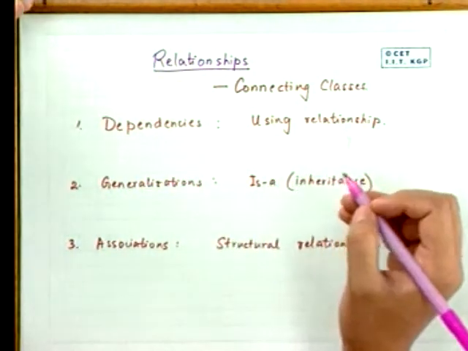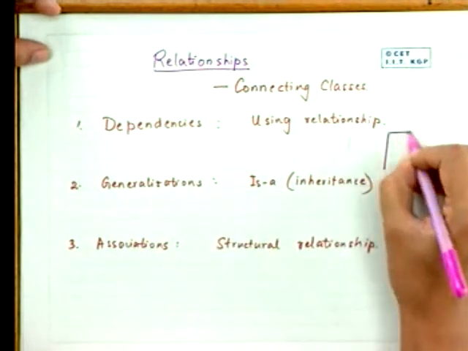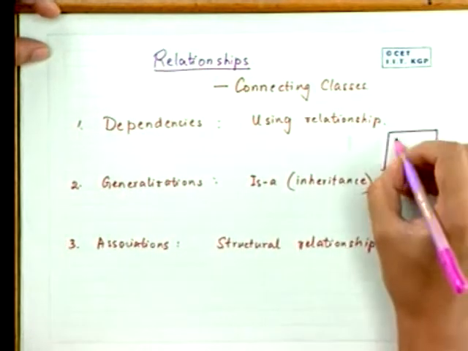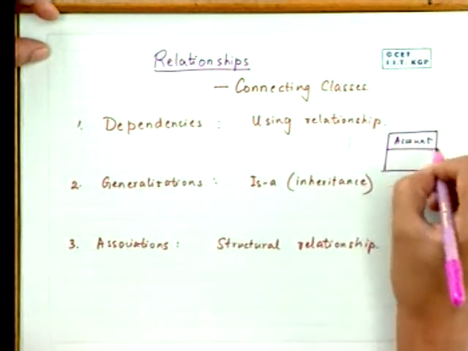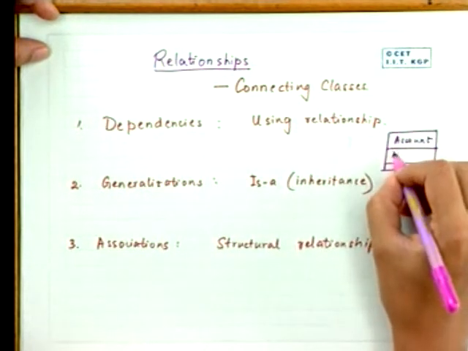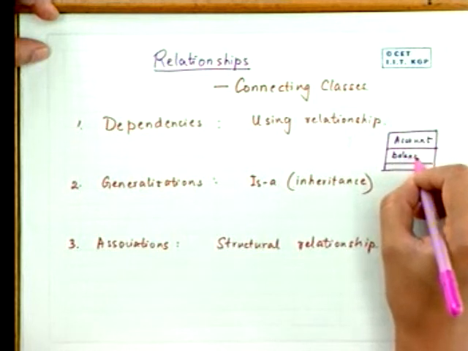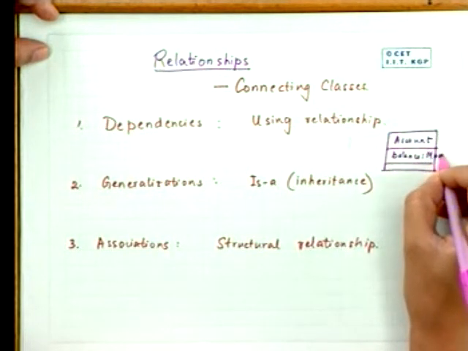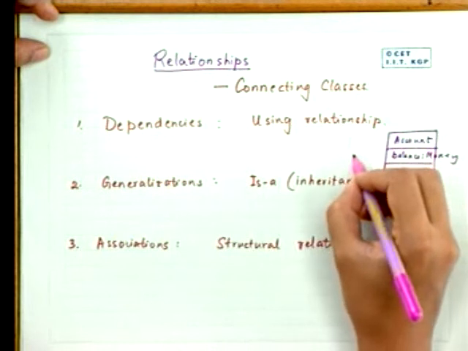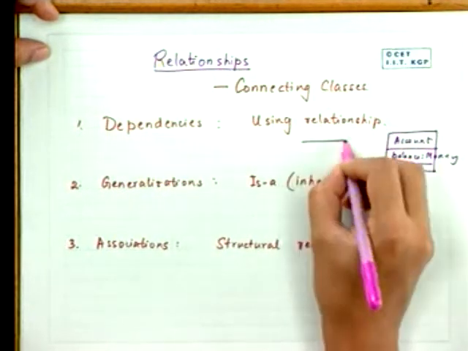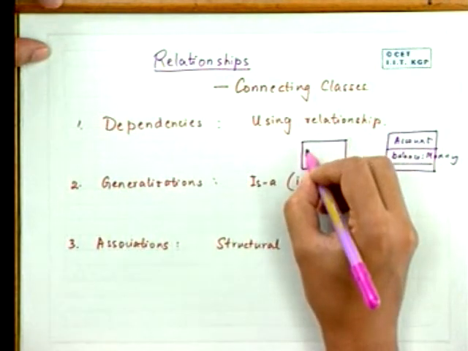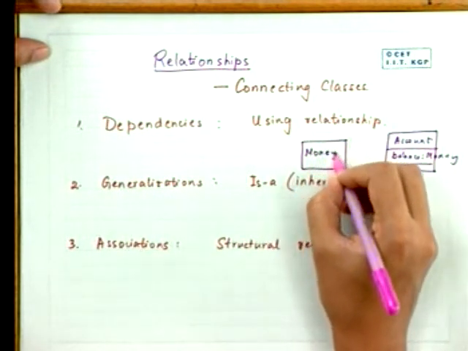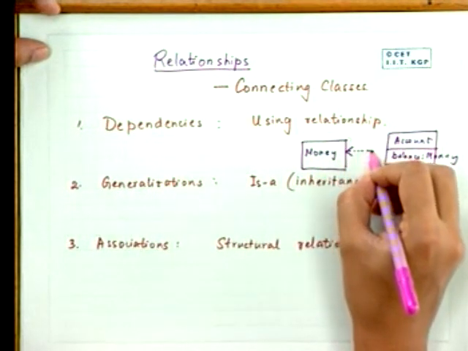Dependency or using relationship can be like this. Suppose you have an object account which has an attribute balance which is of type money. So there is a dependency relationship from that class, the class account, to the class money, which is denoted by this symbol.